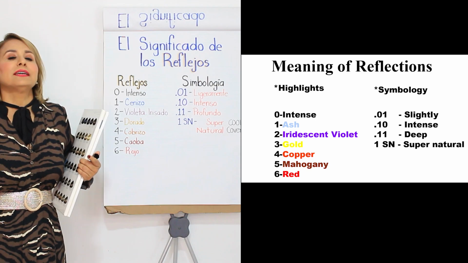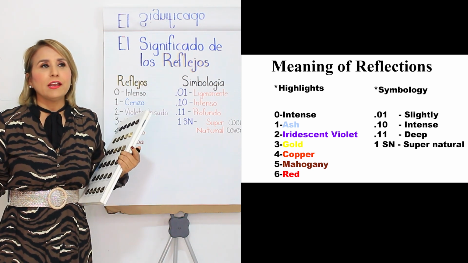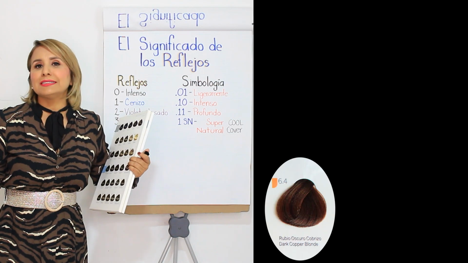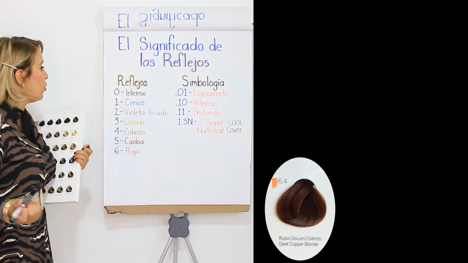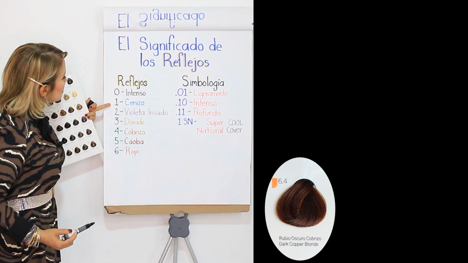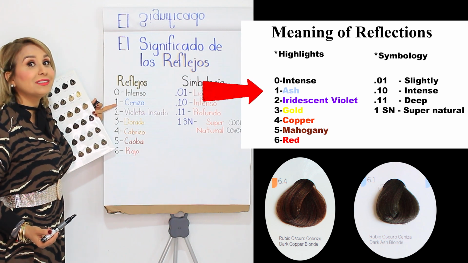So, if you have a level 6.4 and want to neutralize that red reflection, you will apply a 6 with an ashy reflection, which would be a 6.1.